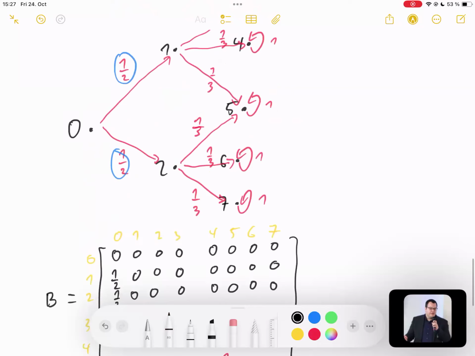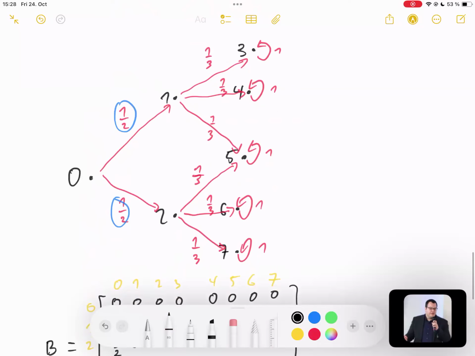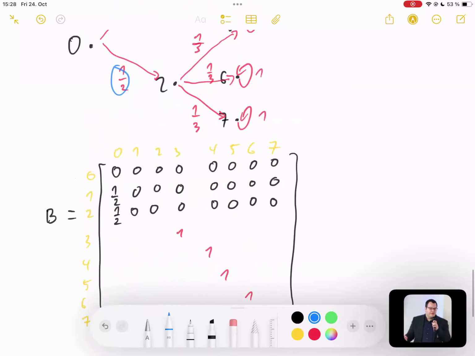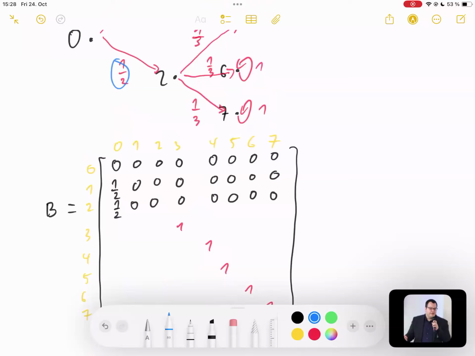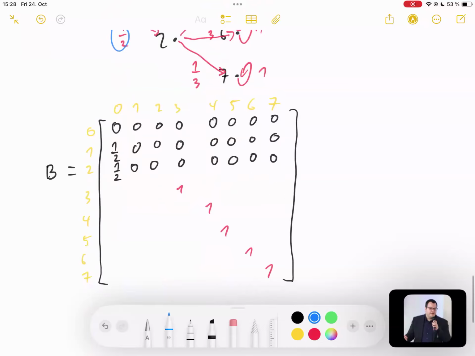And 3 has an incoming edge from 1, which is this one here. 4 has an incoming one from 1, and 5 has an incoming one from 1. So we can put these, and I put them in blue.